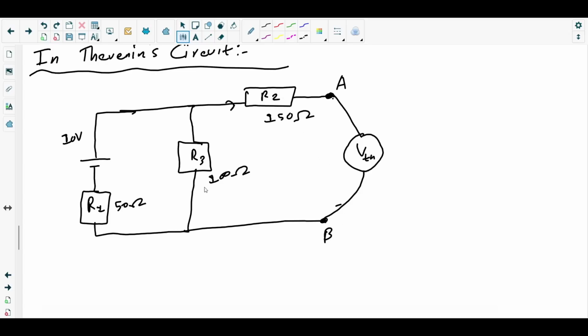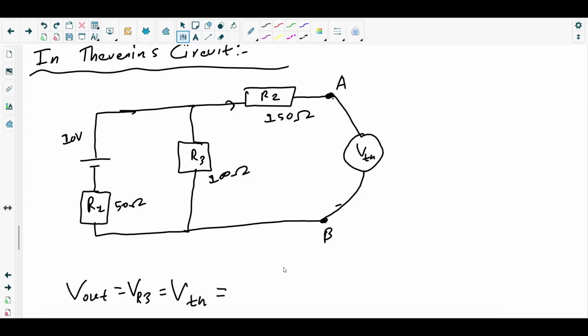So that means the output voltage will be across the resistor R3. If you just find the output voltage across the resistor R3, that would be the Thevenin's voltage, just using the potential divider equation. So V out equals the PD across the resistor R3, which equals the Thevenin's voltage.